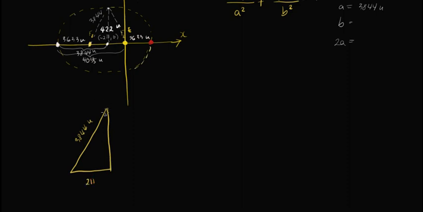Now, the problem is how tall is this? Now, this is 90 degrees. So, we're going to use the Pythagorean Theorem. So, this height here, let's say it's b. So, b is equivalent to the square root of 3,844 squared minus 211 squared. So, I'm going to use my calculator.